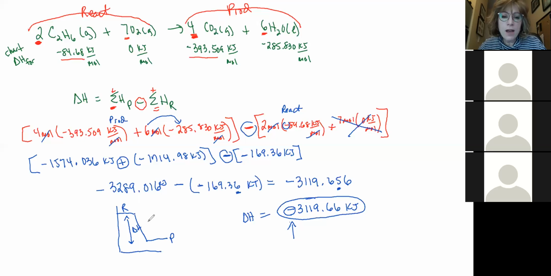If that's a negative value, it's exothermic. So an exothermic reaction always has the products below the reactants. If this was a positive value, the opposite reaction, you start off with reactants, you go up, and here you have products on top. That delta H would be positive, and that would be an endothermic. So this is an exothermic because it's negative. You follow me? You all got that?